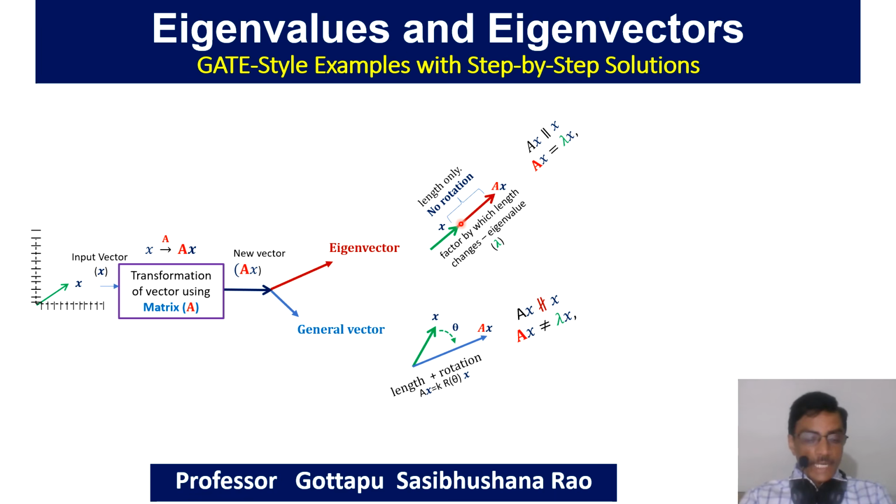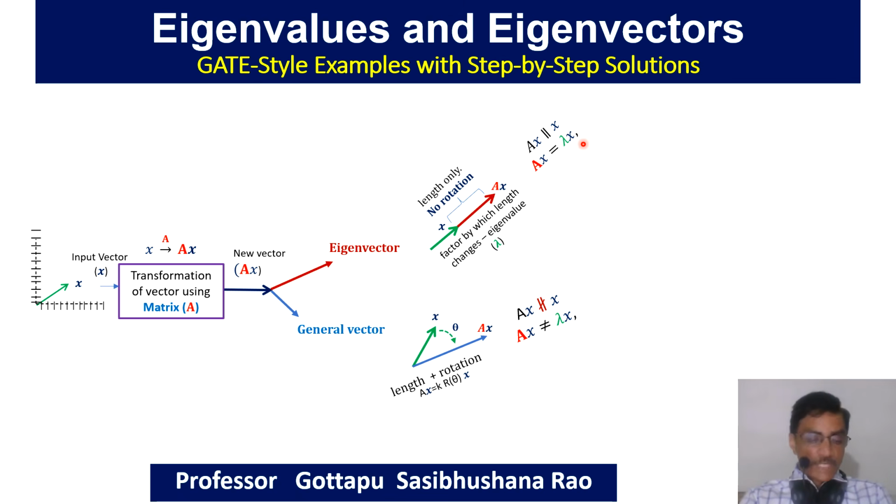Only scaling occurs, so Ax is parallel to the input vector x, and Ax is equal to a scalar multiple of the input vector x. Here x is the eigenvector and lambda is the corresponding eigenvalue.